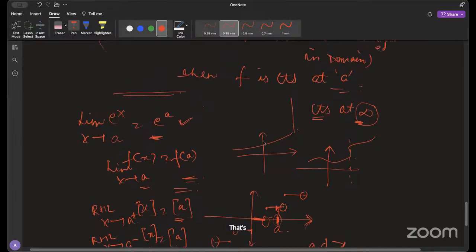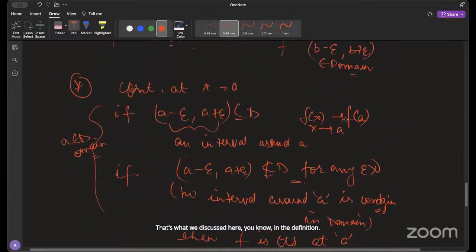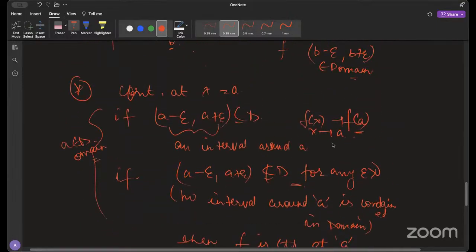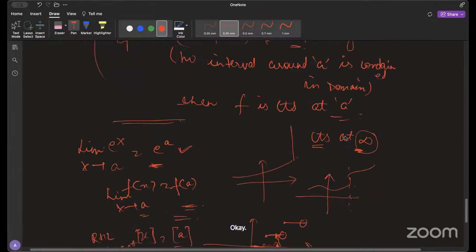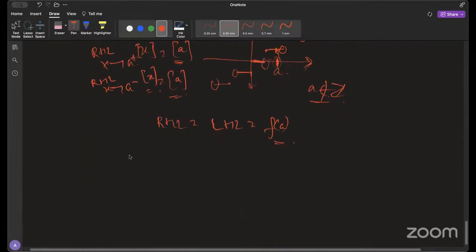That's what we discussed in the definition. The limit as x extends to a plus, the limit as x extends to a minus, should be equal to f(a).